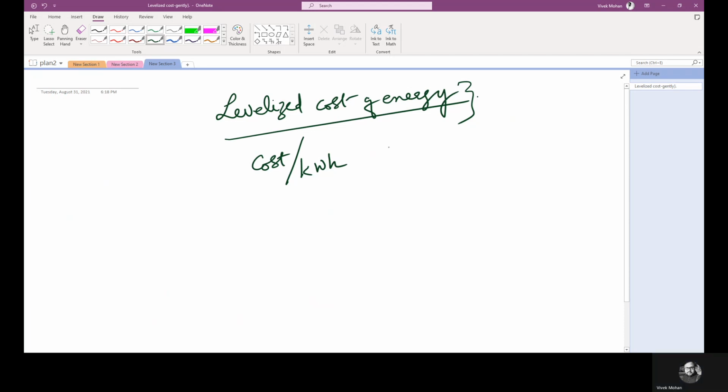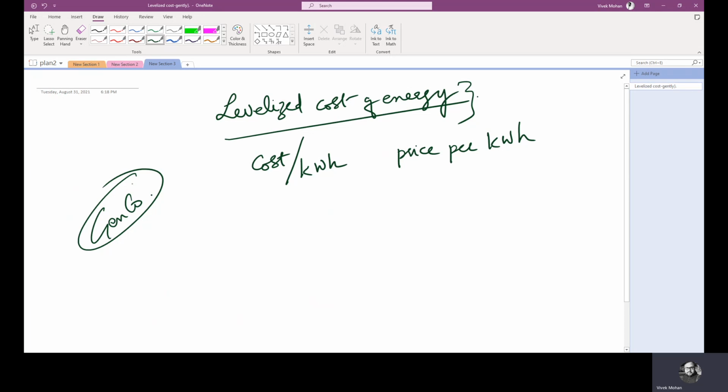So if you want to estimate the effective price per kilowatt hour, say you are the owner of a generation company, then your cost of production is something, suppose $8 per kilowatt hour.